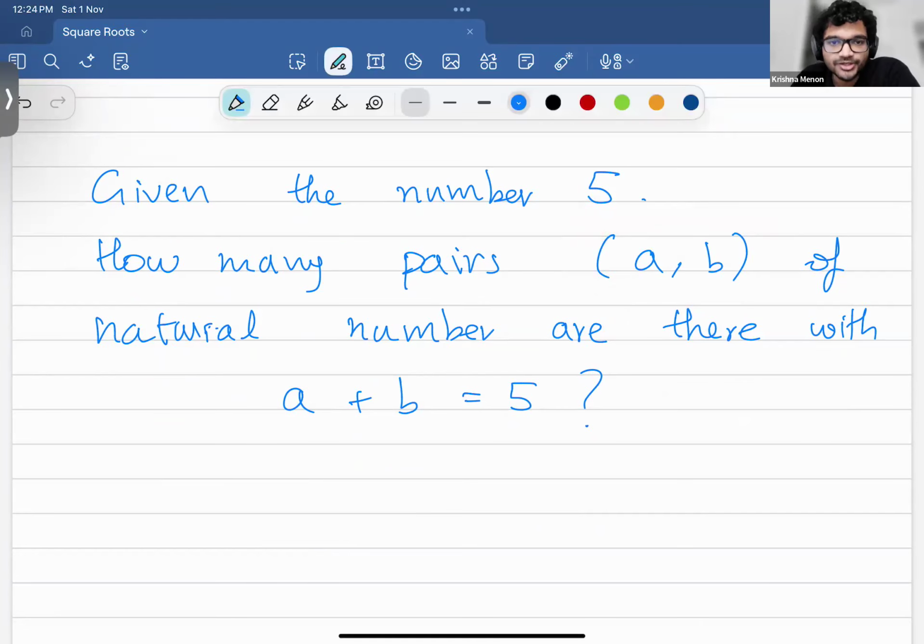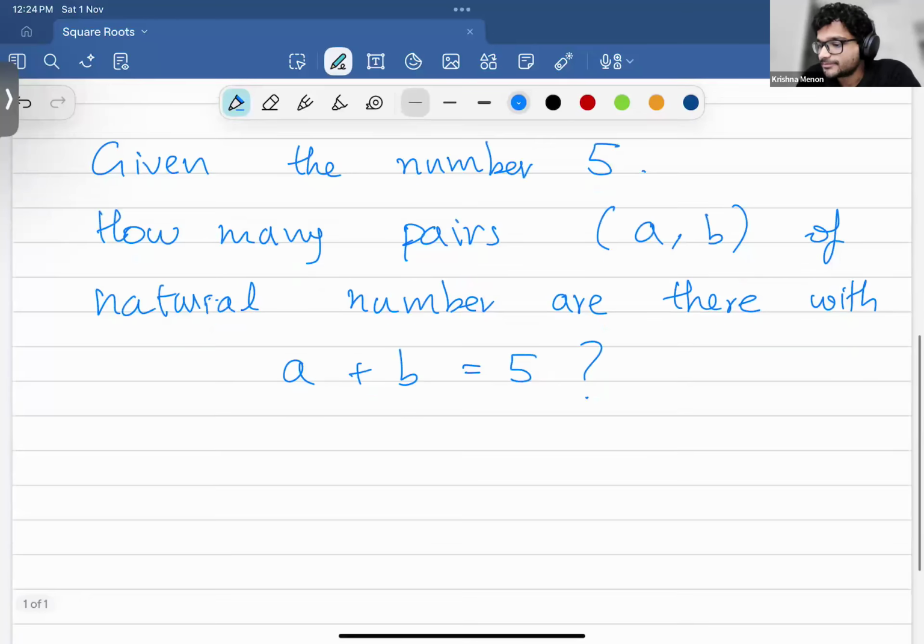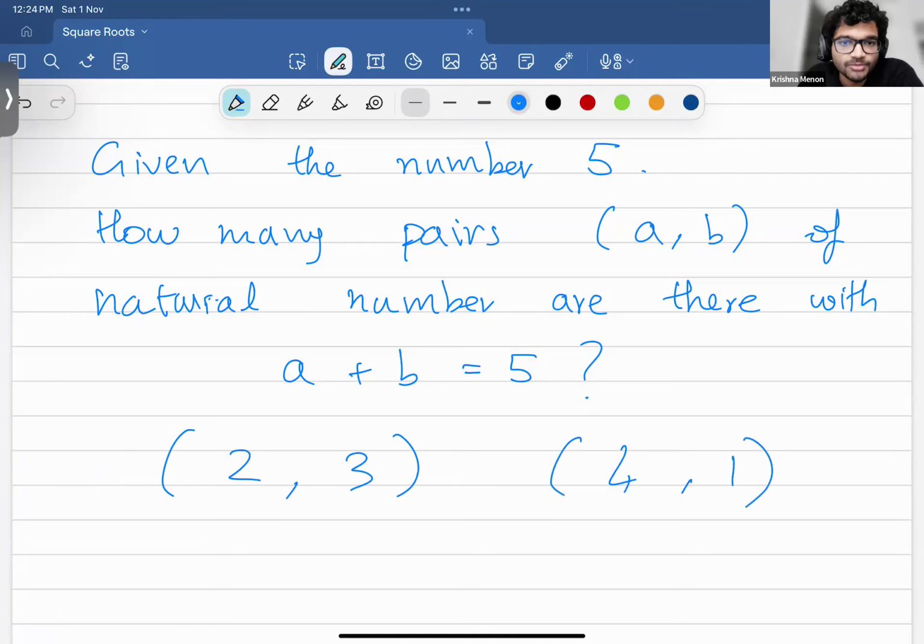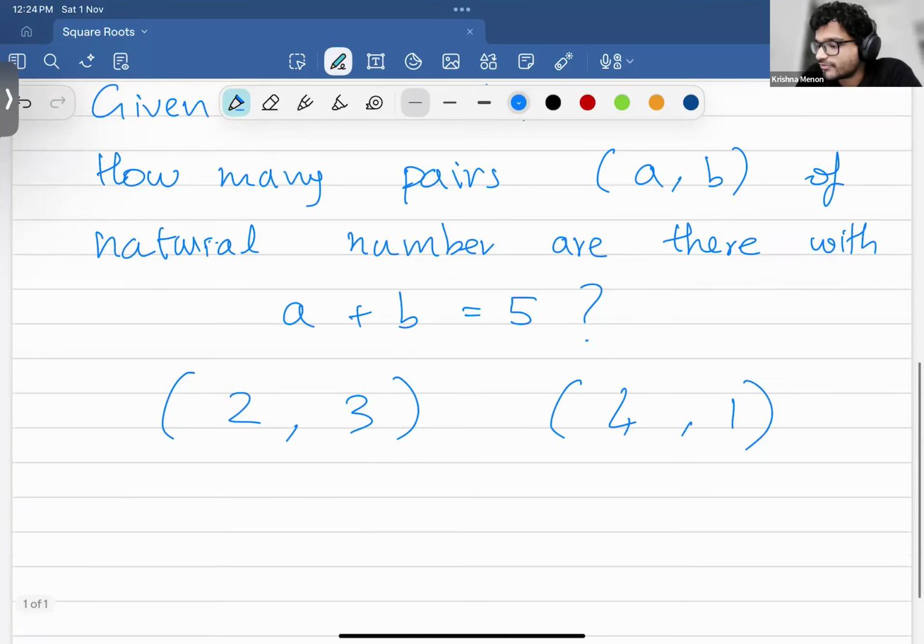For this particular problem, I'll just write down what these pairs are, and then we'll try to see in general what we can do. Okay. So for example, 5 is 3 plus 2, so 2 comma 3 would be a pair of natural numbers whose sum is 5. I could also do 4 comma 1, because 4 and 1 are both natural numbers with sum 5.